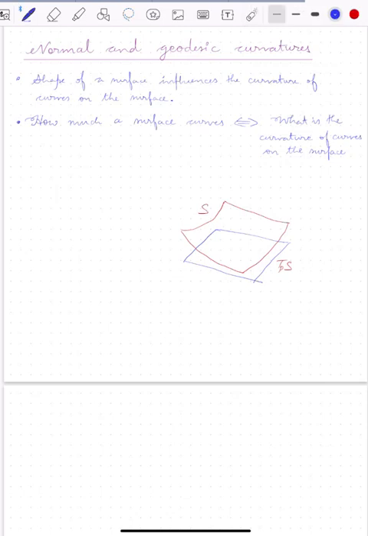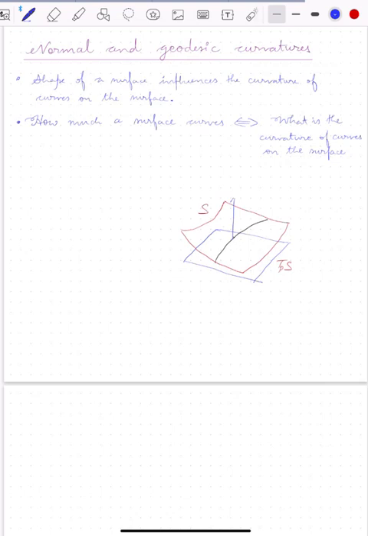Right. So we have this here, and let's assume that there is a curve on the surface like this, and we have the normal to the surface in this fashion.